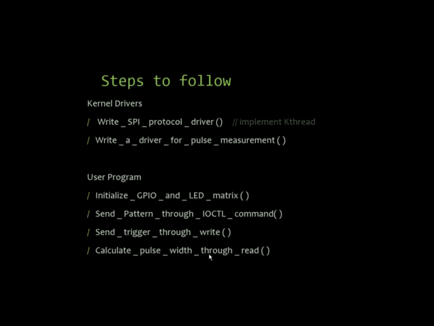After sending the pattern, we need to send the trigger to the write function of the pulse measurement driver, which will calculate the time difference between the rising and falling edge, which we can get by the read function, and then calculate the distance of the object. So by sending an appropriate number of patterns and the time delay, we need to display the animation which is controlled by the distance received from the interrupt handler.